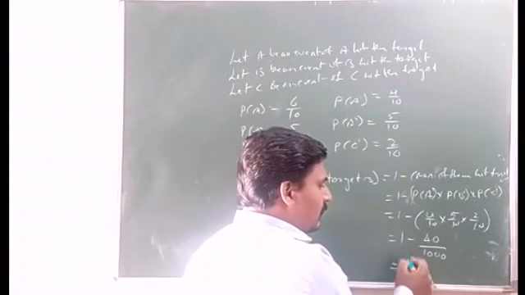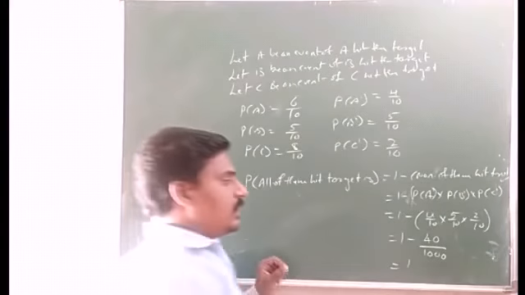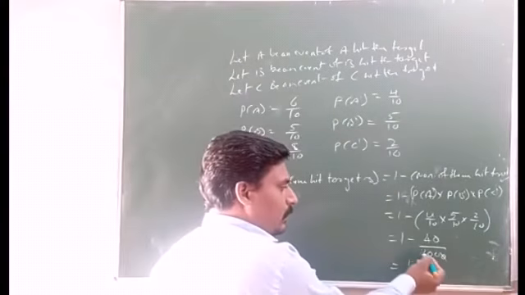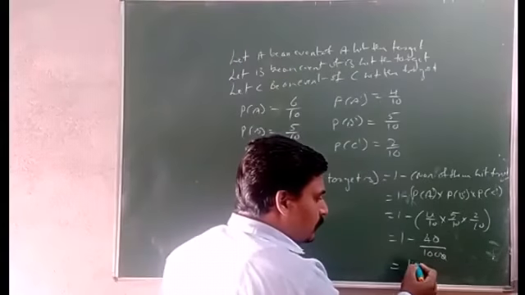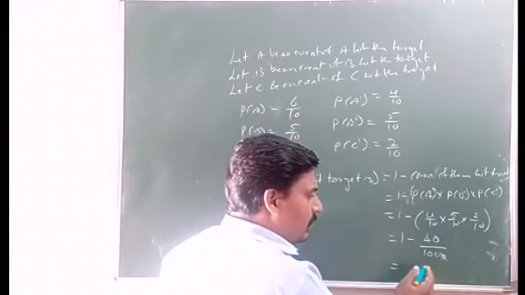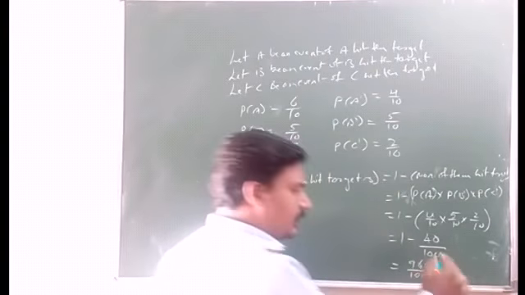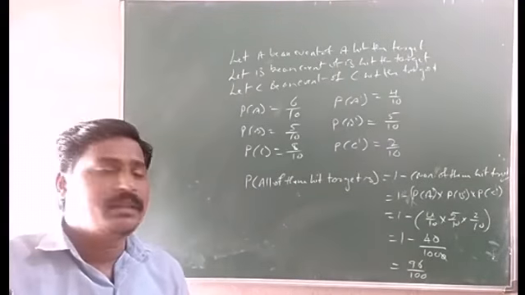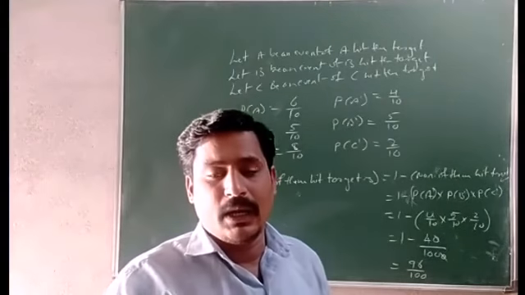So the probability that all of them will hit the target is 1 minus 4 divided by 100, that is 96 divided by 100. So the probability that all of them hit the target is 96 divided by 100.